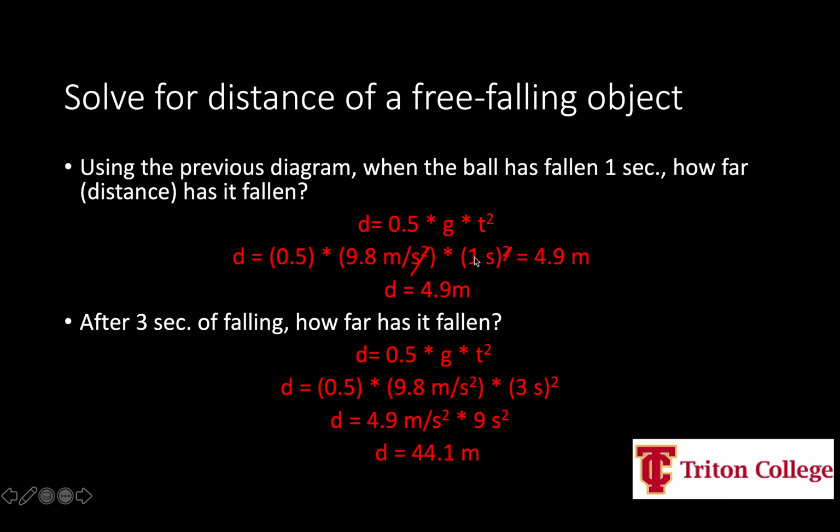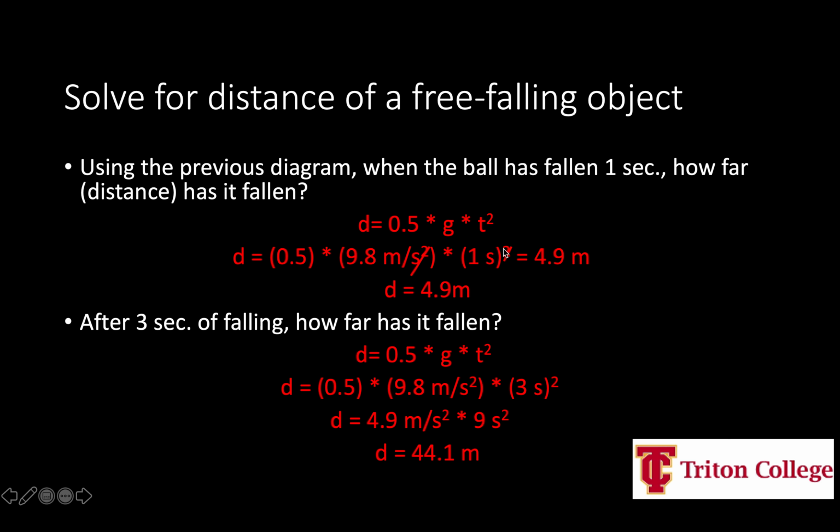So what's 1 second squared? It's 1, right? 1 times 1 is 1. So that makes it simple. And you have 0.5 times 9.8. So simply, basically, multiplying by half, right? So you get 4.9 meters per second squared multiplied by 1 second squared.